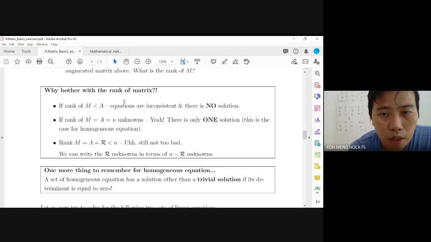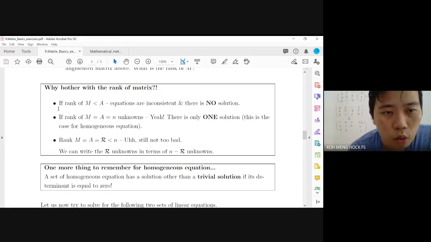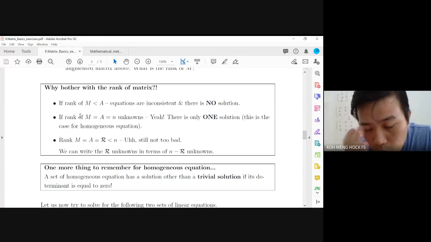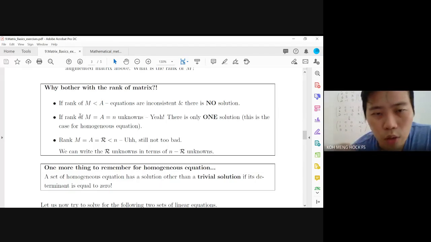So basically, why do we need to know about this row reduction? Here we want to determine whether you have one solution or many solutions.